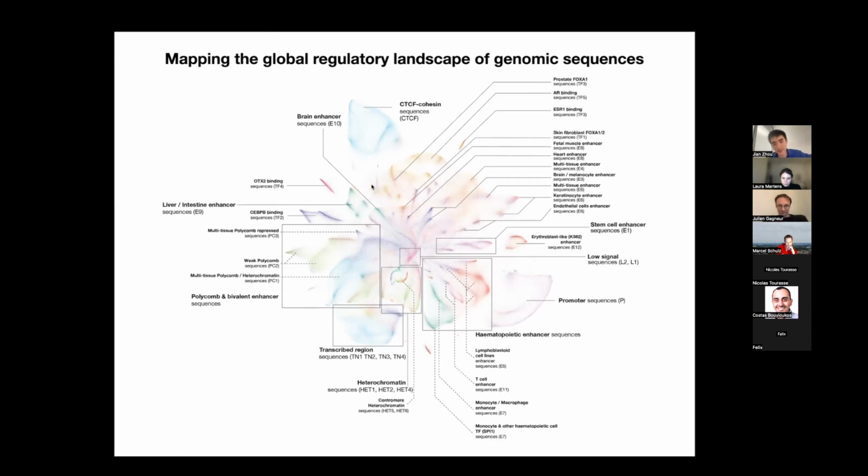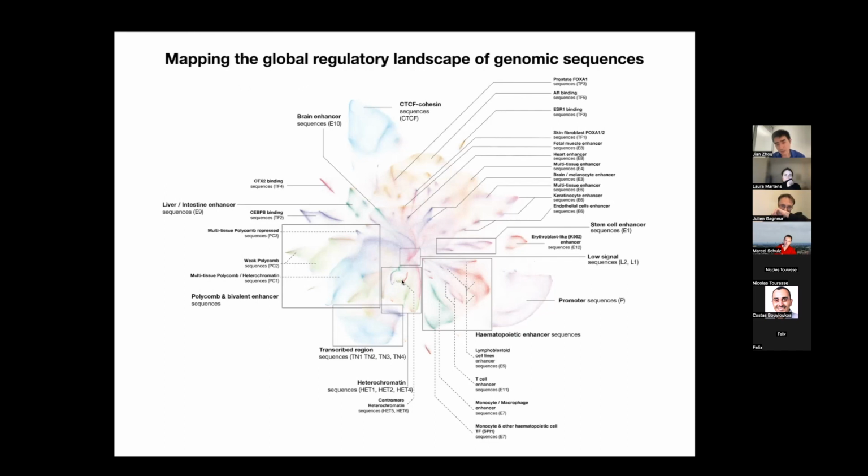A large part of this map is different enhancer activities. There are different cell type specific enhancers for the blood cells here, and also other tissue specific enhancer activity. There are some enhancers observed in multiple tissues that we call multi-tissue enhancers. The regions that are mostly called Polycomb repressed, and the transcribed regions tend to form their own sequence classes, and the heterochromatin has its own sequence class.